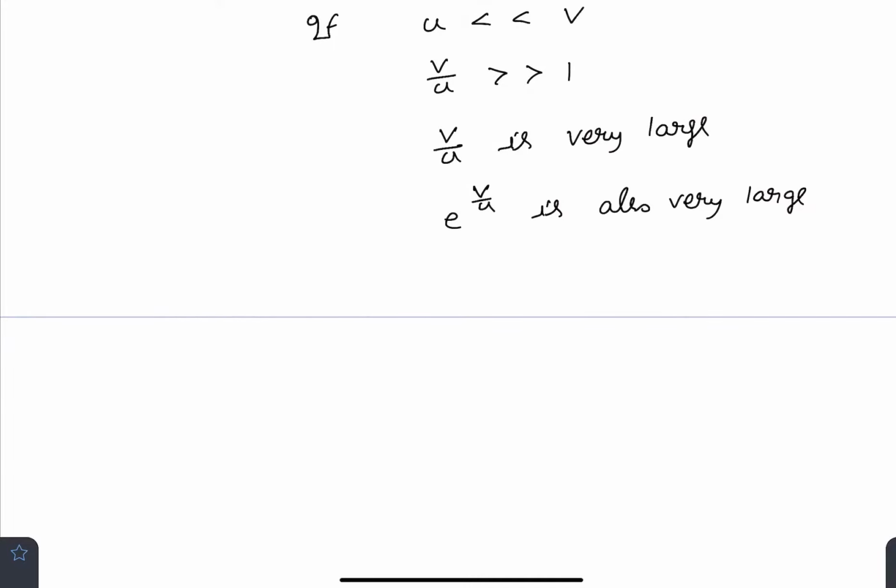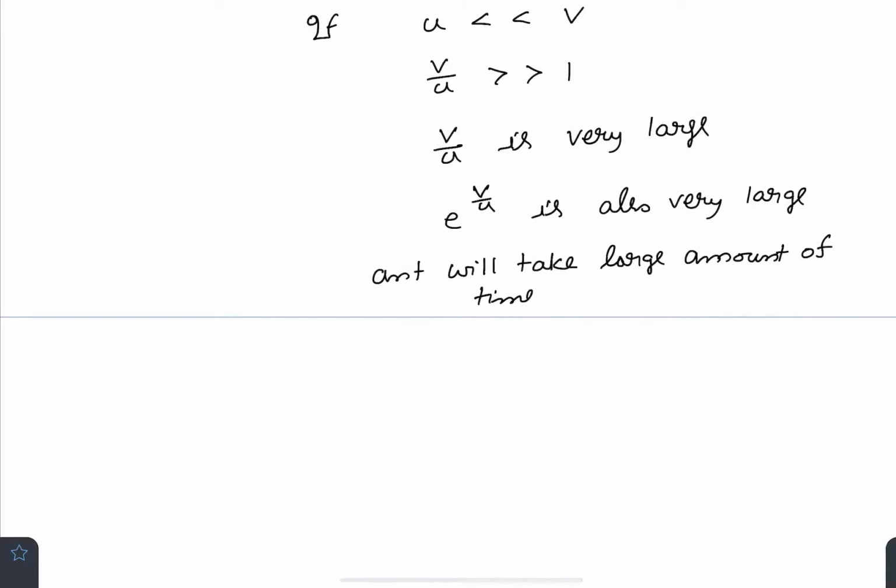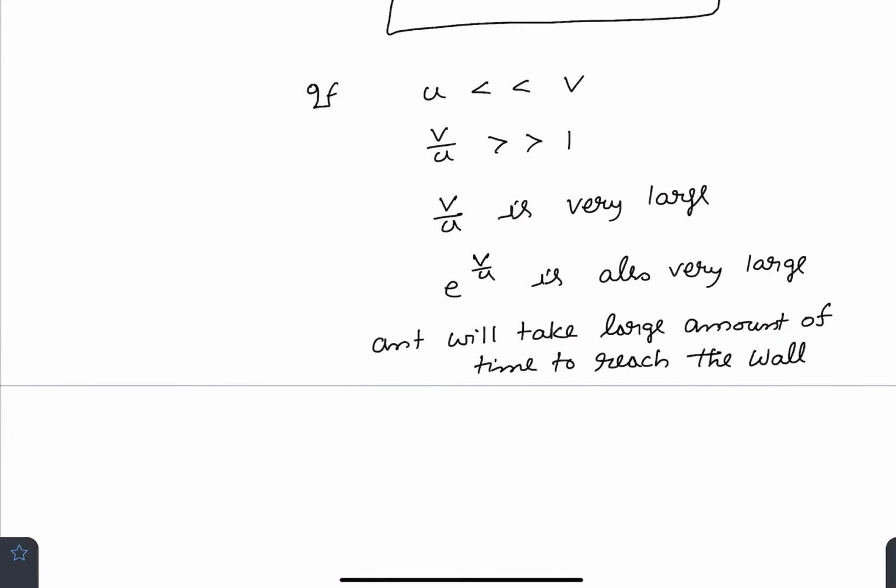So in this case, the ant will take a large amount of time to reach the wall. It's taking a large amount of time, but eventually it is reaching the wall.